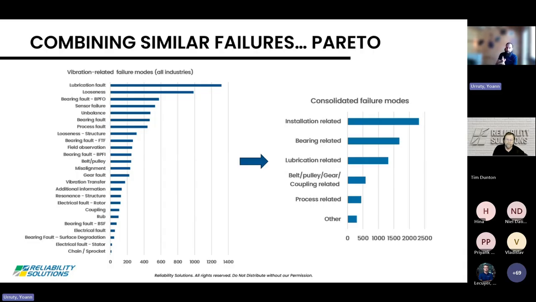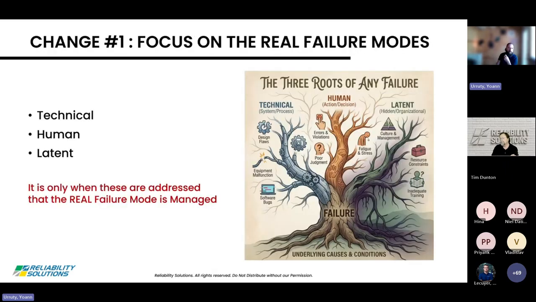Second is poor bearing maintenance. Third is poor lubrication practices. It always boils down to that. Yeah, it's as simple as that: installation, maintenance, and lubrication.